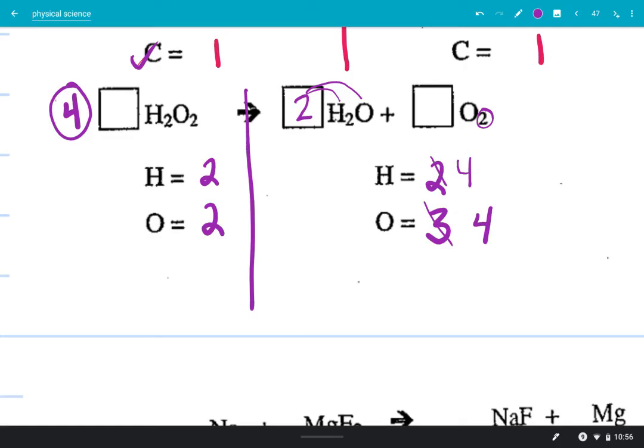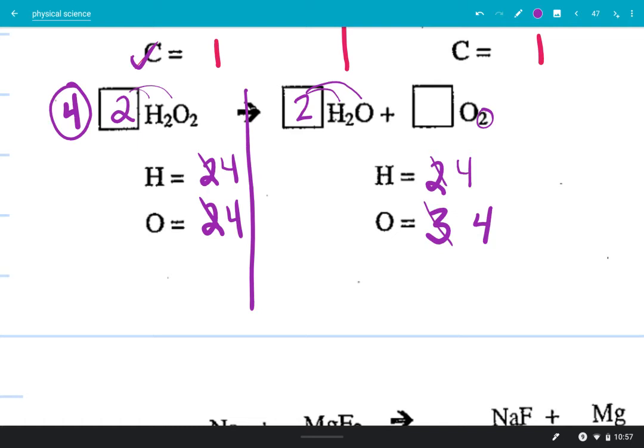And then, well, our hydrogens are now not satisfied. Uh-oh. We're going to need 2 of those. That means I've got 4 hydrogens and 4 oxygens.